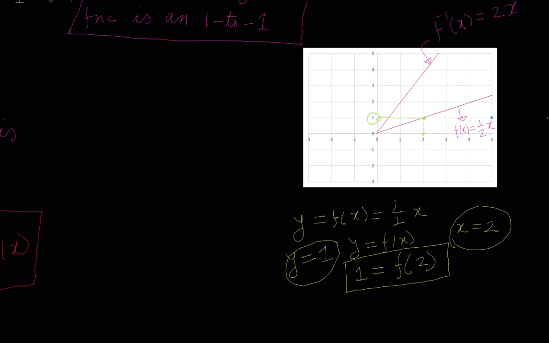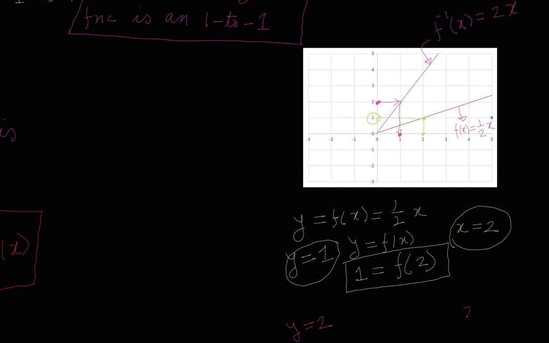Let me choose another color. Now I'm going to flip x and y. This time I'm choosing y equal to 2 for my second function. So if I choose y equal to 2 for my second function, and I hit the second function and go down, what I found is x equal to 1.